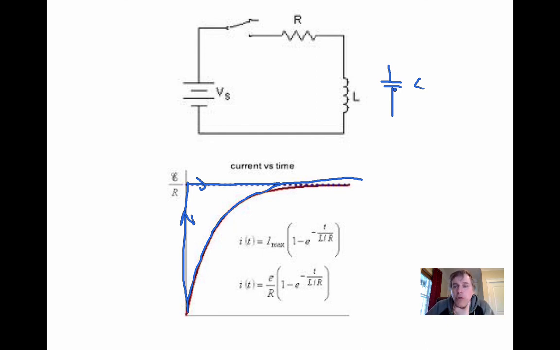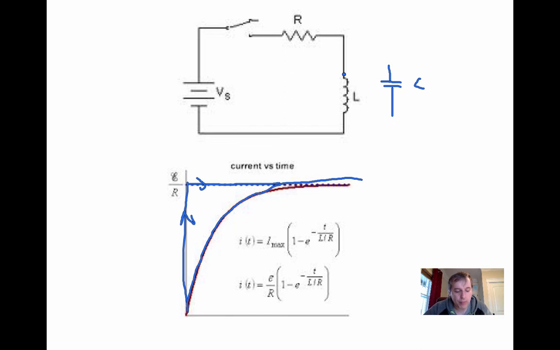So at t equals 0, the capacitor acts like an ideal wire, and after a very long time, the capacitor blocks all the current. The inductor does the exact opposite. Just when you close the switch, the inductor stops all the current, and if you wait a very, very long time, it acts like a wire. So it's exactly the opposite of what we had for a capacitor.